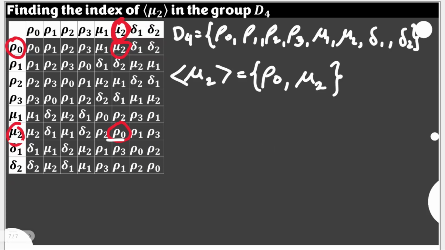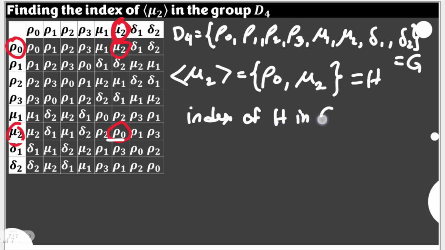Okay, so we have here the index. Let's label this H and D sub 4 being our G, because the general form of this is index of H in G. Or using these notations, you have the index of the subgroup generated by mu sub 2 in our D sub 4.